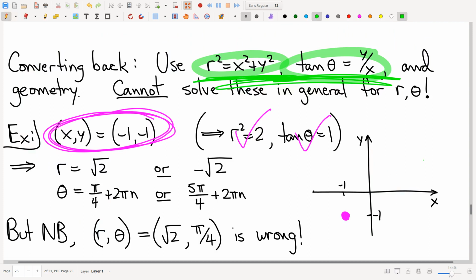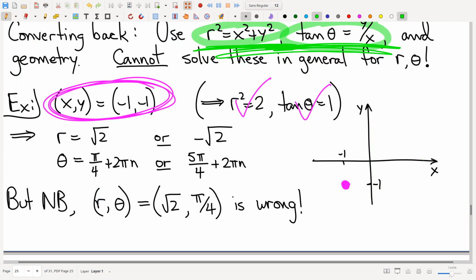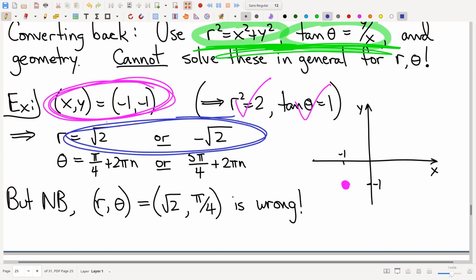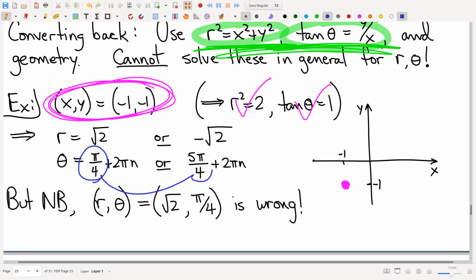So we have 2 possible values for r, and then we have what I'm going to loosely call 2 possible values for theta. Obviously, you can add any number of 2 pi's at any time, right? Totally. But these being roughly the 2 possible values, now you've got to think through which is which.